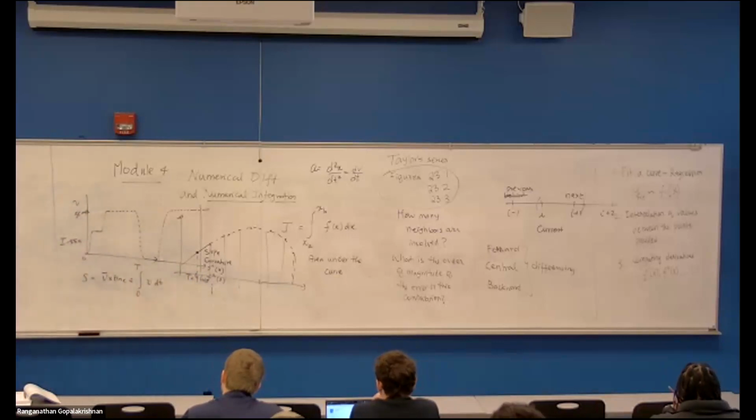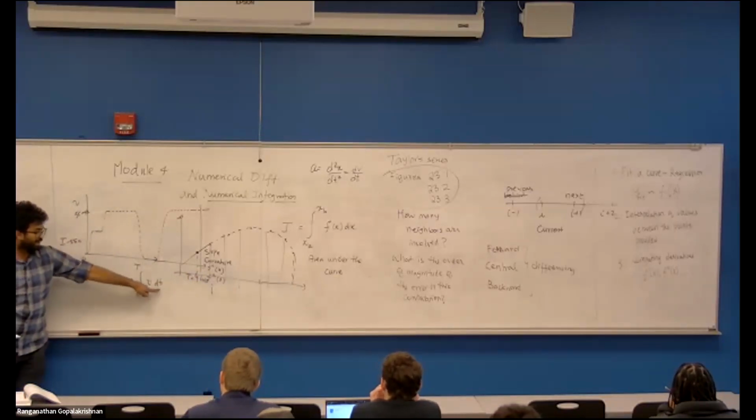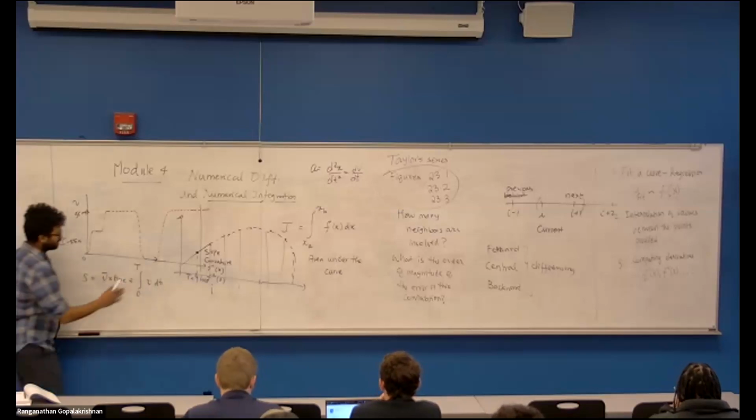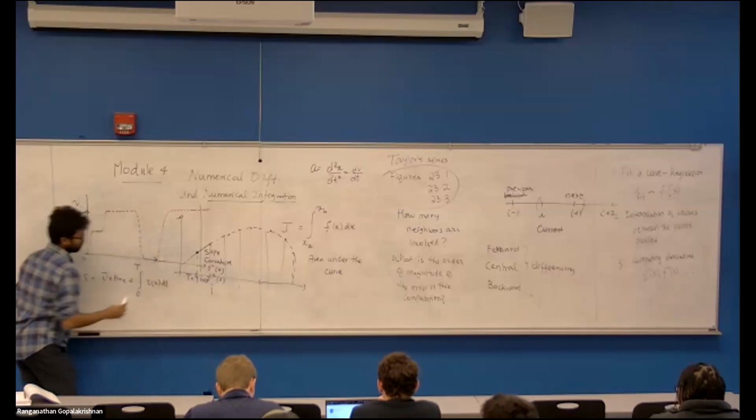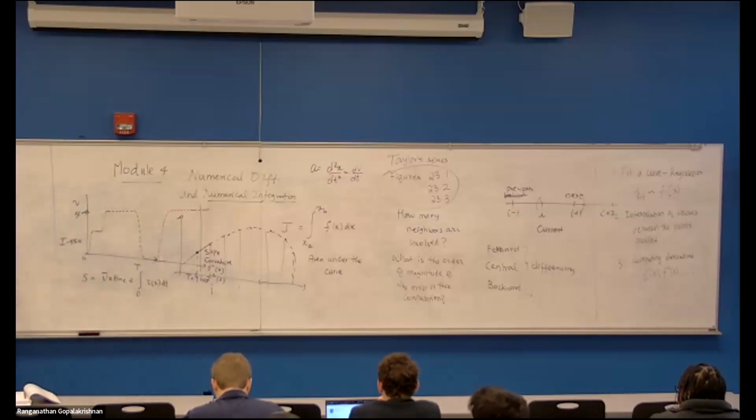This is just like going back to your mechanics class, where distance traveled equals speed multiplied by time, but the only change is the speed is a function of time itself, because as you accelerate and decelerate, it keeps changing.